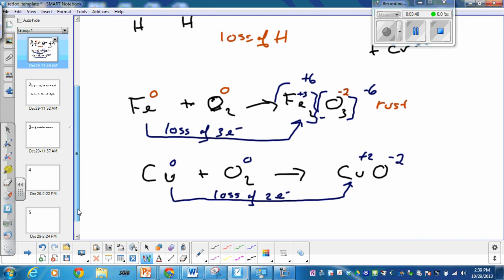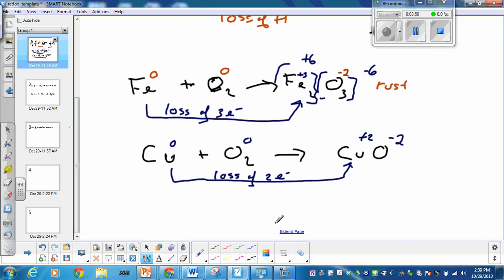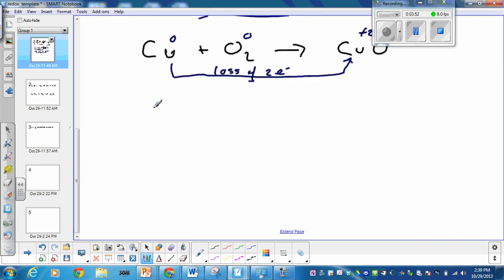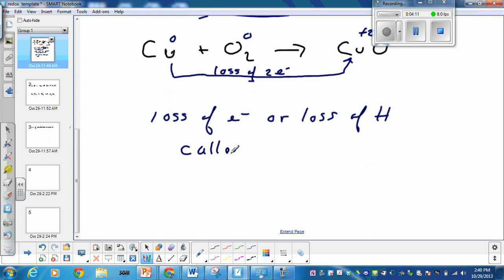So in the language, we're going to say here, as the general statement, that a loss of electrons or loss of hydrogen, these kinds of reactions are called oxidation.